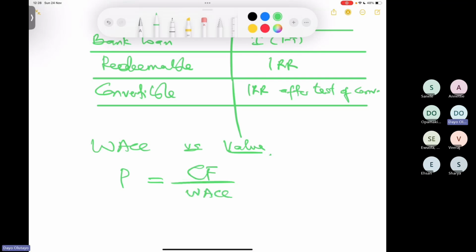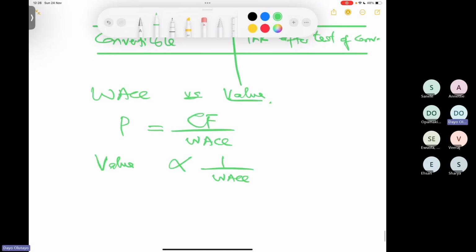So naturally, what we are saying is that value of company is inversely proportional to the WACC. Which means if WACC is high, value will be low. If value is high, WACC must be low. They don't go in the same direction. They go in opposite directions.